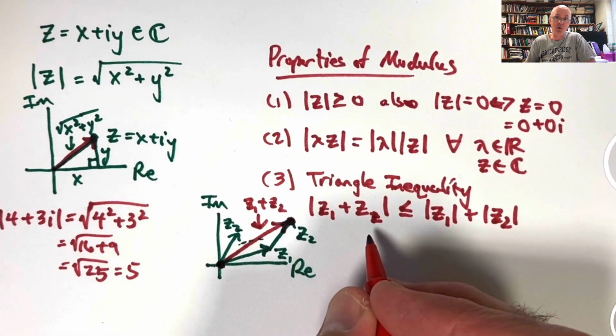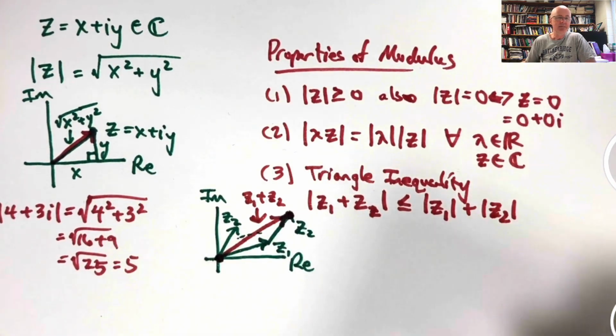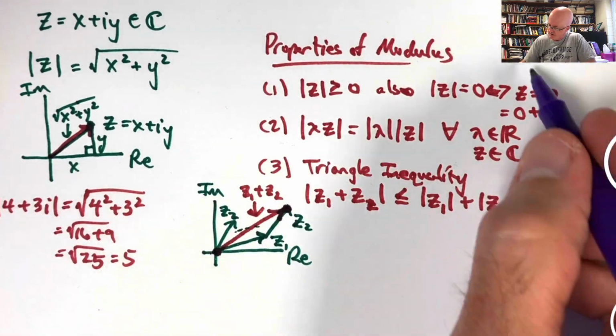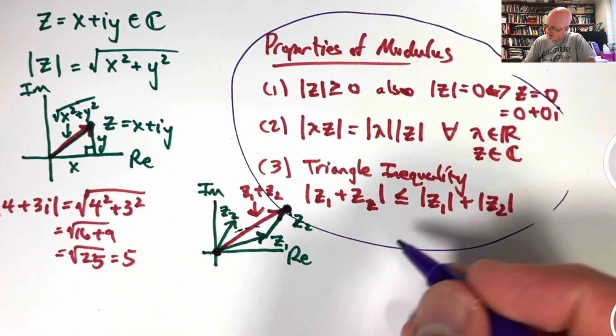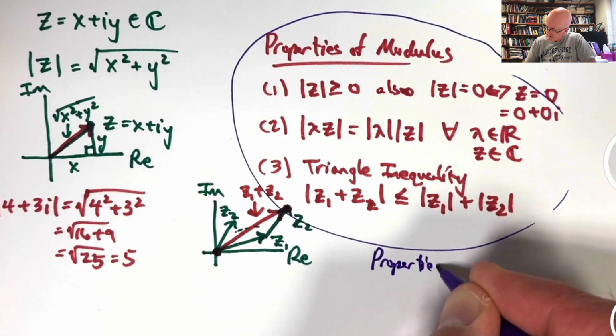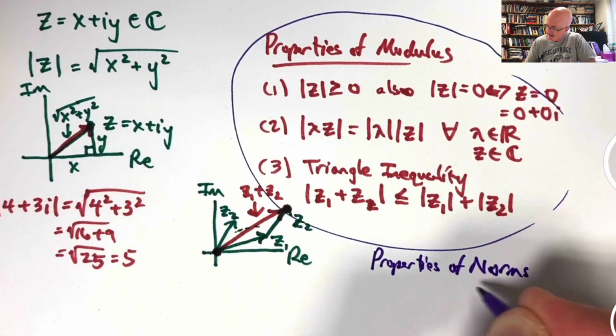But this is a pretty important fact in complex analysis and indeed in any kind of analysis class. These properties are really called properties of norms. I called it here properties of modulus, but you can also say properties of norms. That's another word that connects this subject to other subjects in math.